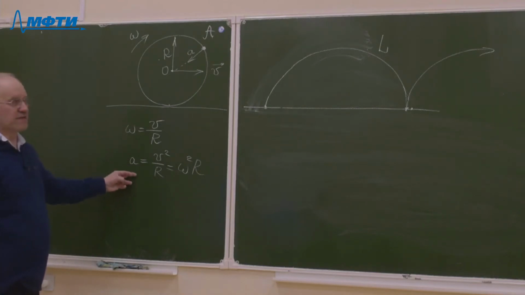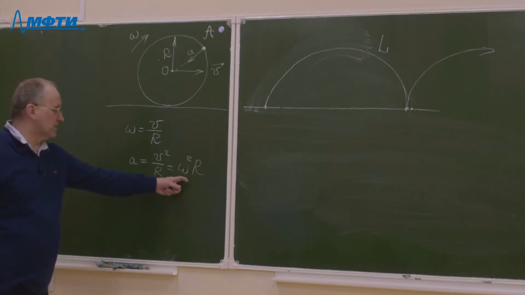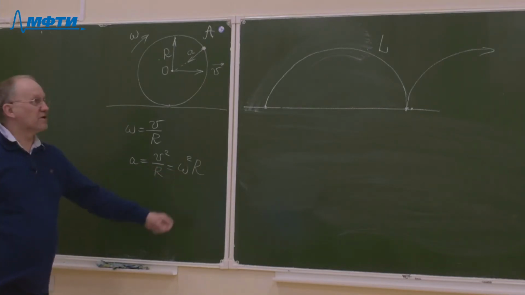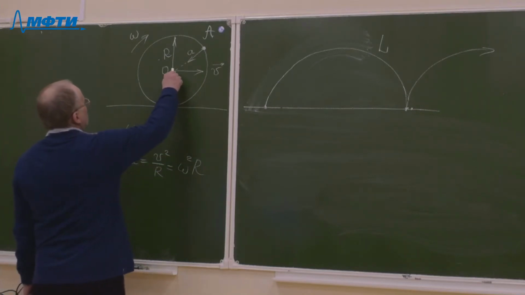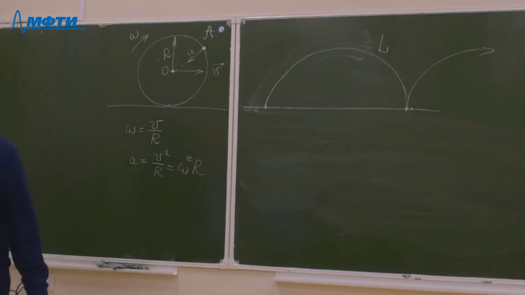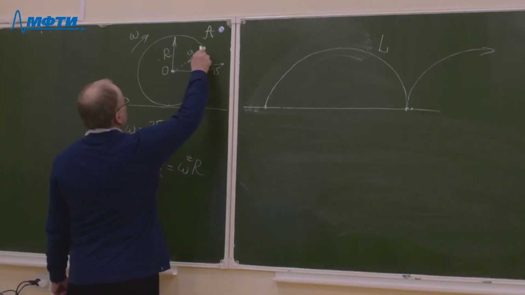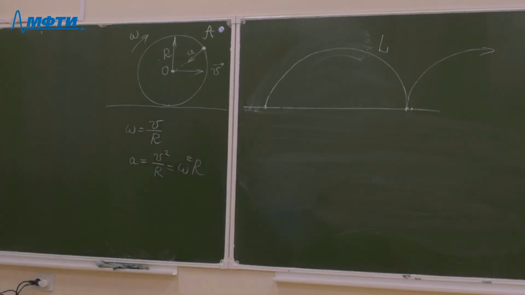So we have found the answer to the first question of this problem. The answer is here: the magnitude of acceleration and the direction of this acceleration. Direction is always towards the center. Point A accelerates always towards the center of the wheel.